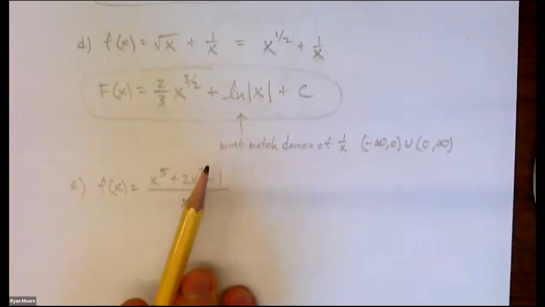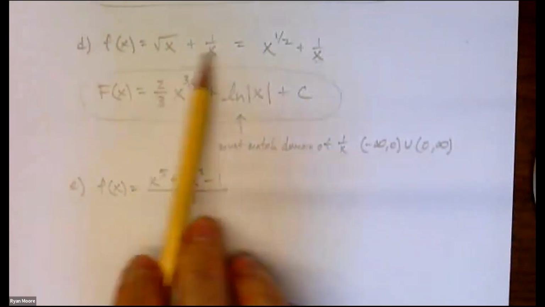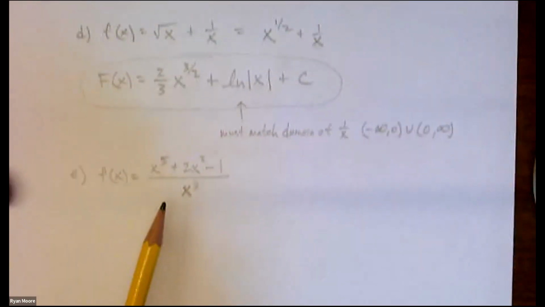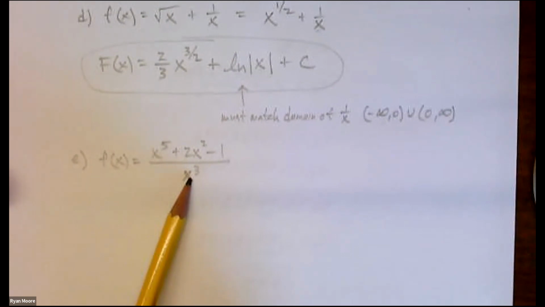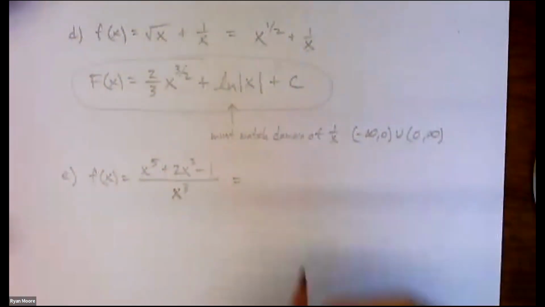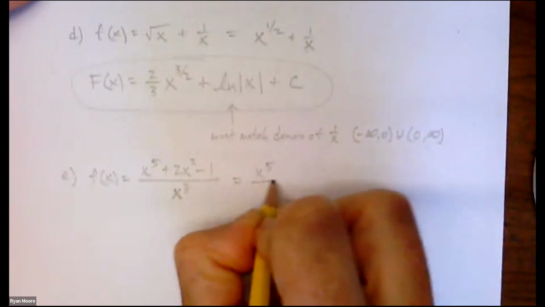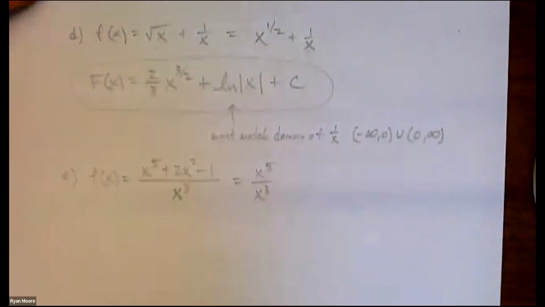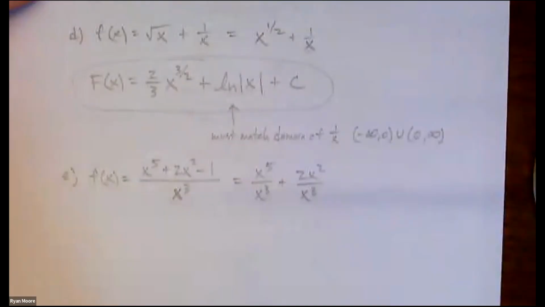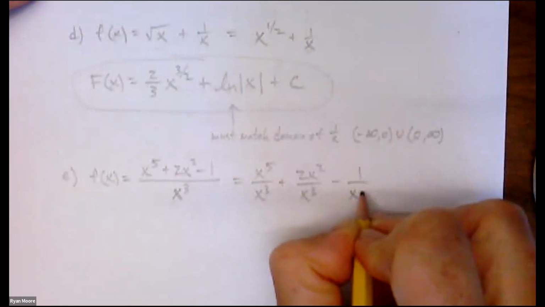We need to rewrite it kind of like when we rewrote the square root as x to the 1/2. We can do something kind of similar here. What we'll do, since we're dividing by x to the 3rd, we'll divide each one of these terms in the numerator separately. Let me maybe put it out to the side. So this will be x to the 5th over x cubed plus 2x squared over x cubed minus 1 over x cubed.